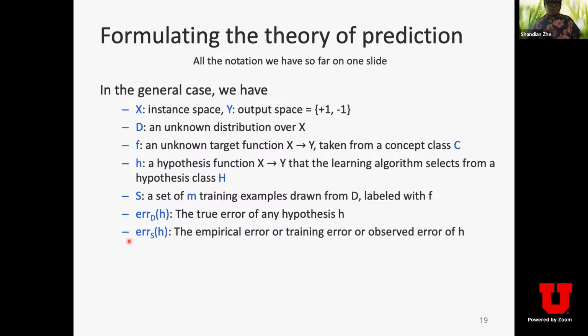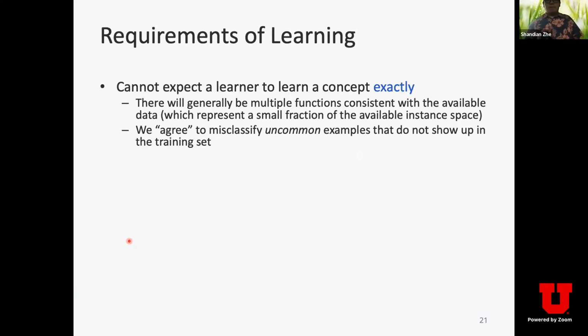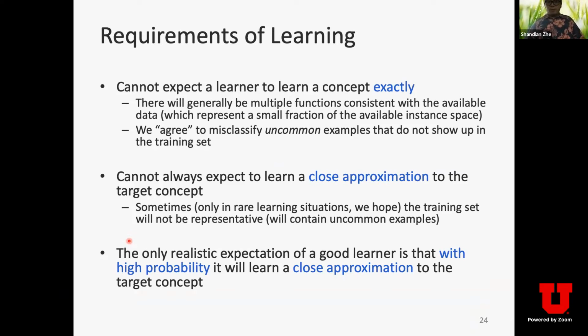Okay, great. Then we talk about a very important concept called probably approximately correct. It is based on our realistic expectation about how well your machine learning algorithm works. First, you cannot expect a learner to learn a concept exactly because your training data is finite.